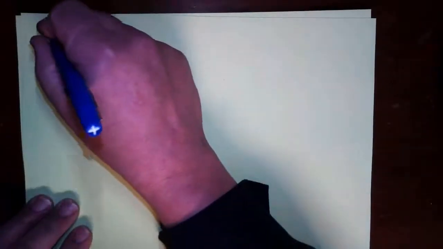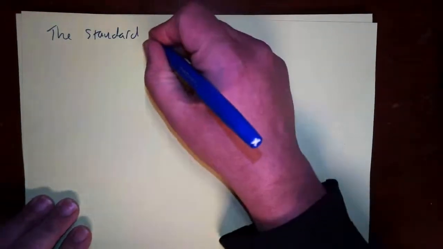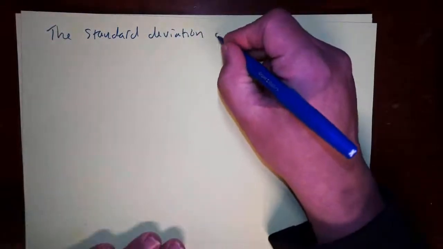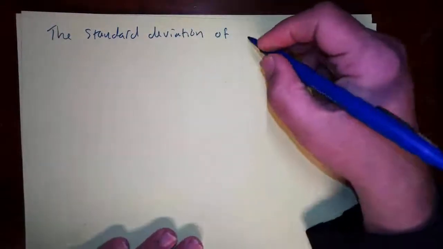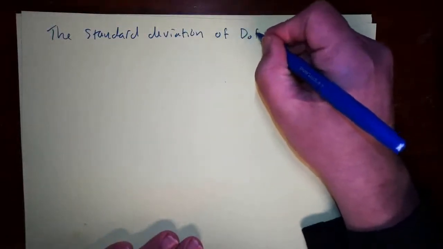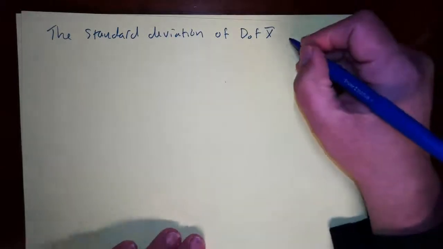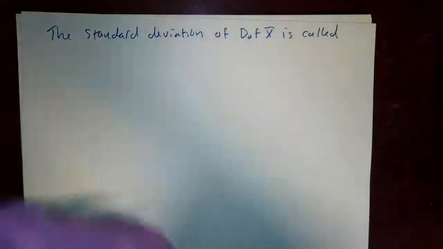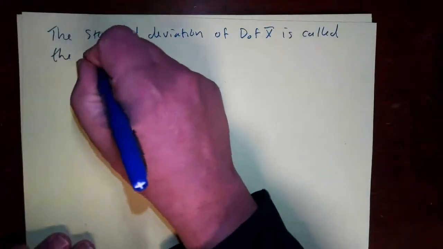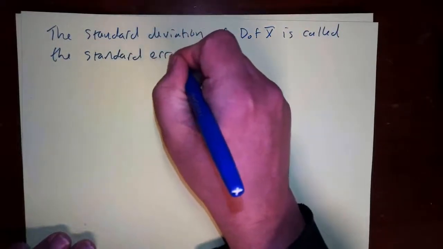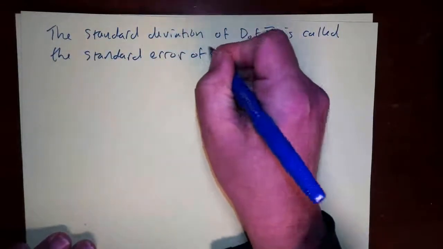So the standard deviation of the distribution of x bar is called the standard error of x bar.